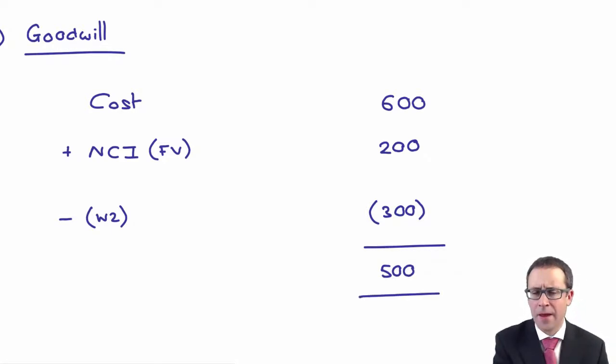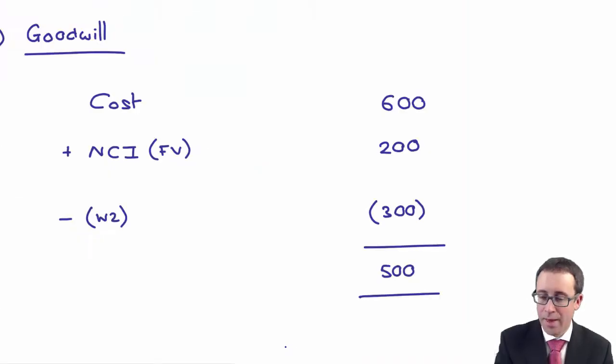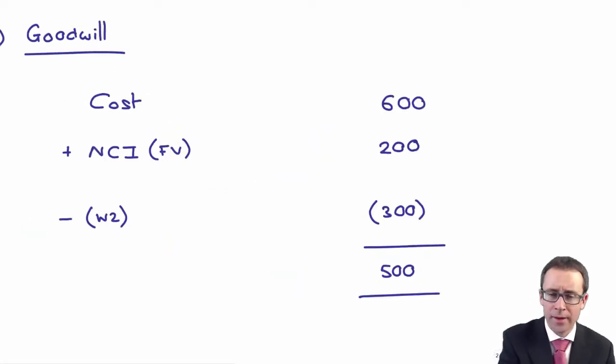Excellent. Okay. So again, if you're wondering where they are from, the cost is the 600,000 there, isn't it? The non-controlling interest at acquisition was 200, and then the net assets from working 2 are those 300 there, aren't they? Okay, there we go.